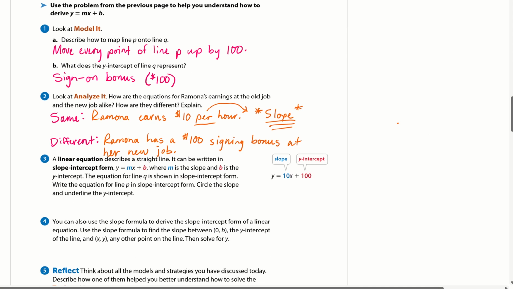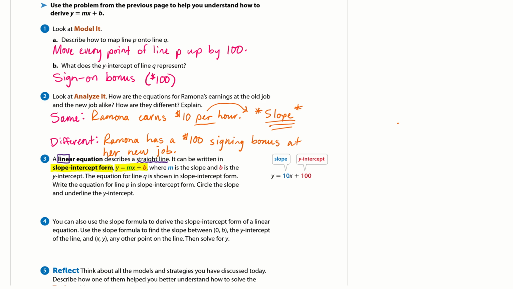A linear equation describes a straight line, right? We talked about this a little bit previously in another chapter. That word linear has the word line in it. That's not by accident. Linear just means that it's a straight line. It can be written in slope-intercept form, or y equals mx plus b, where m is the slope and b is the y-intercept.